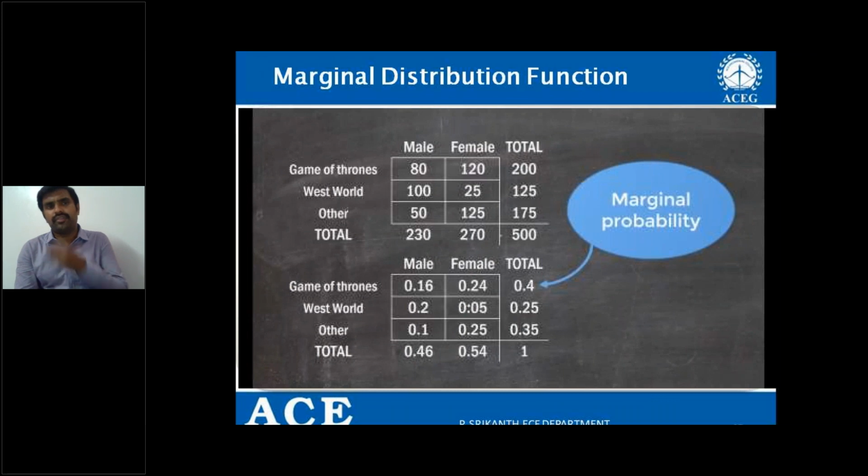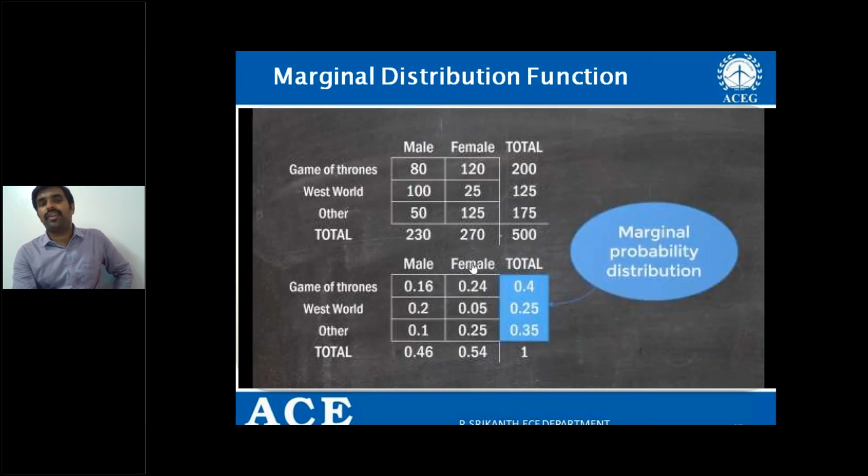So here we can take the same example: Game of Thrones, Westworld, and other movies subscribed by male and female candidates. The total Game of Thrones subscription by male and female candidates is 0.4. It is the probability of Game of Thrones. The probability of Westworld is 0.2 plus 0.05, that is 0.25. The probability of Game of Thrones is the combination of male and female, and similarly for Westworld.